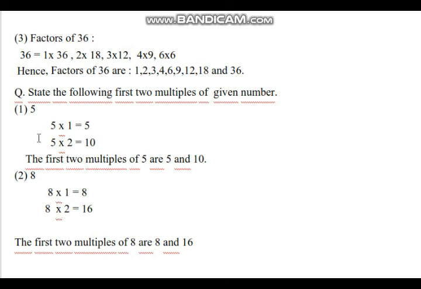So your given number is 5. We have to multiply this number 5 with 1 and 2 only, because first two multiples are asked. If first 5 multiples are asked, then we have to multiply this number with 1, 2, 3, 4 and 5, but here only 2. 5 ones are 5, 5 twos are 10. So the first two multiples of 5 are 5 and 10.